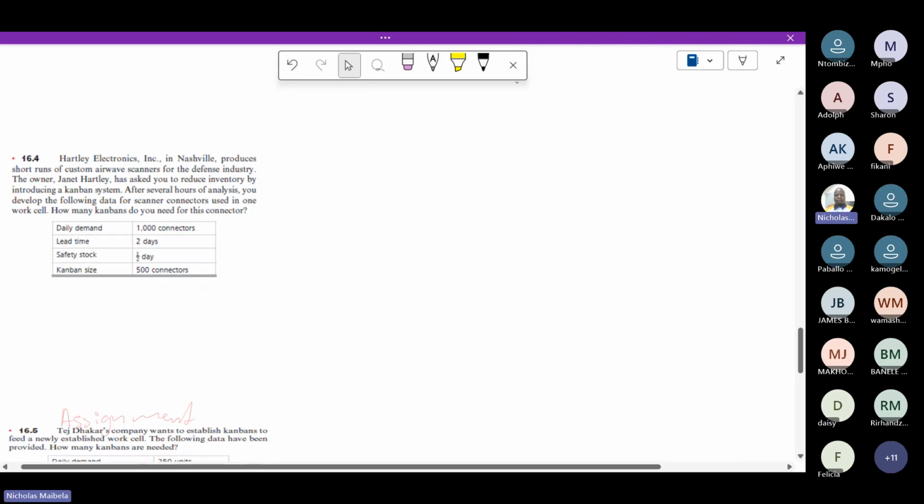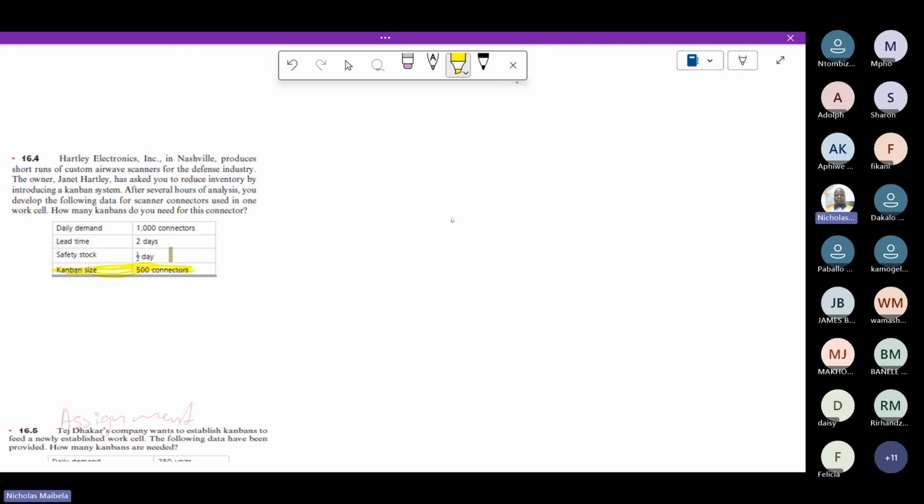Right, now we have this one where you are given the EOQ. EOQ is also the desired lot size, or the Kanban size.